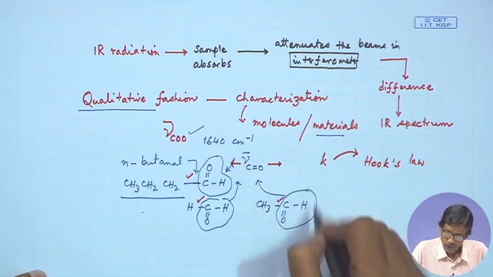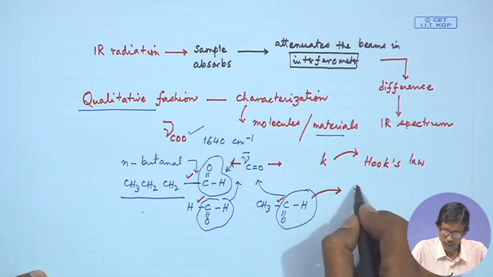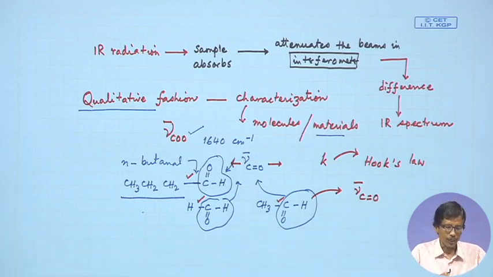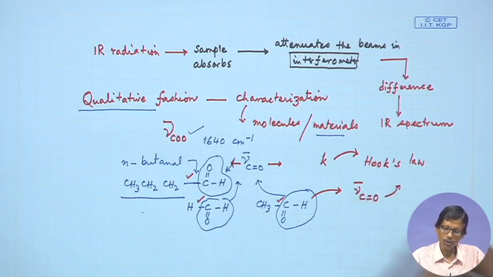So, when we tabulate this, this particular stretching frequency will be very characteristic for your carbonyl function. The tabulation of this group will definitely be attached to the corresponding functional group characterization. So, this is also helpful to give us the functional group characterization.